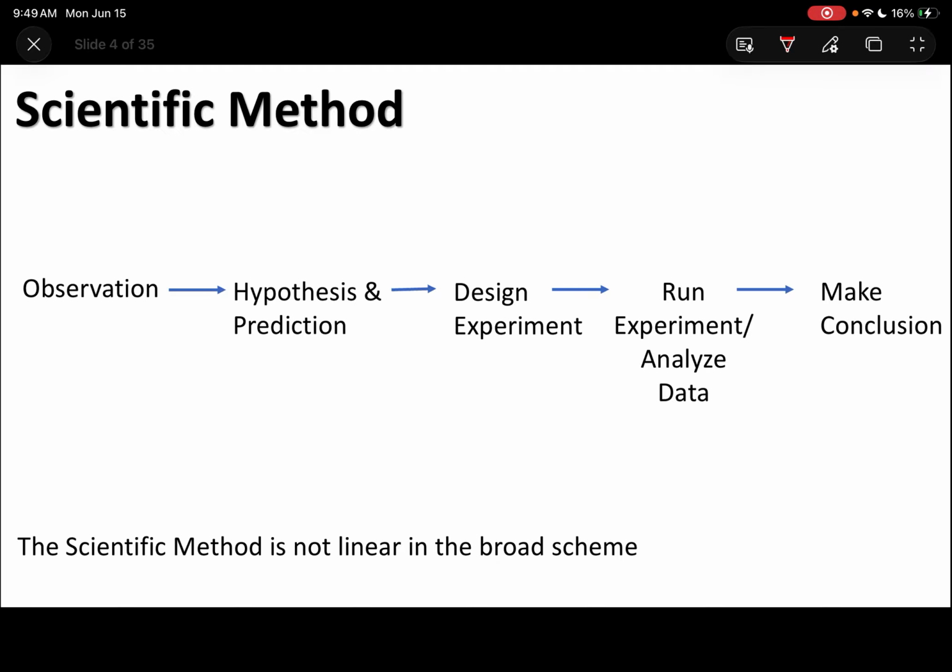So we always start with an observation, which then leads to a hypothesis and a prediction. Once we have that hypothesis in place, which is our proposed explanation, what we do is we design an experiment, and we're designing the experiment to test the hypothesis.